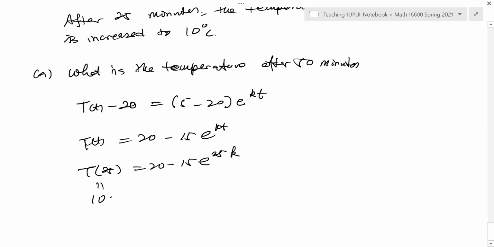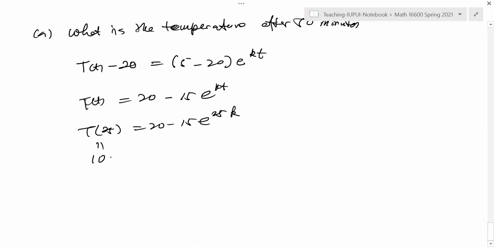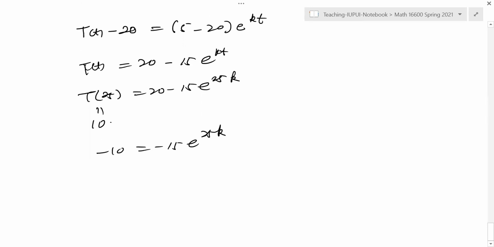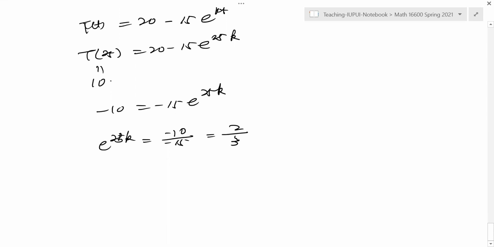We don't need to move 20 to the right-hand side, so we move it back to the left: negative 10 equals negative 15 e to the 25k. So e to the 25k is going to be 10 over 15, which is 2 over 3. So k is a negative number.